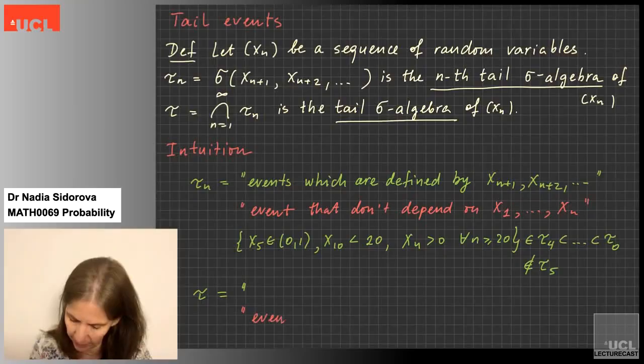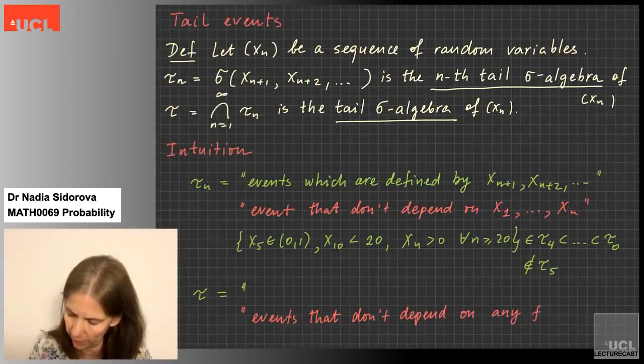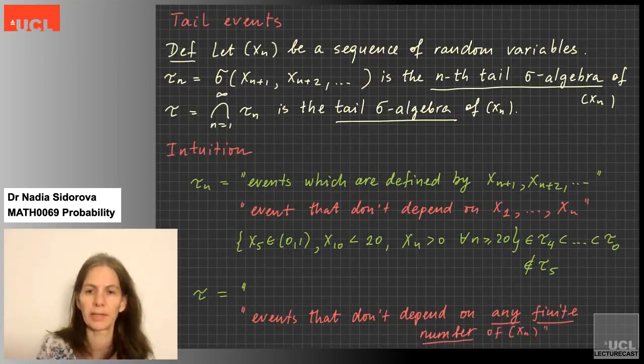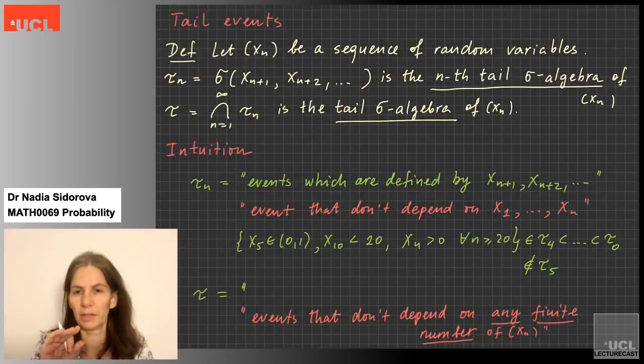So events that don't depend on any finite number of xn.